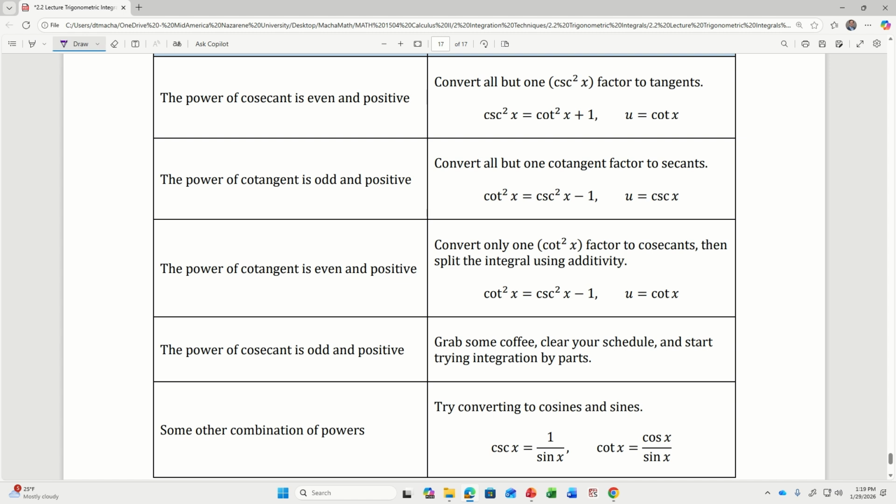Earlier we talked about what happens if the power of secant is even and positive. Now we're talking about what if the power of cosecant is even and positive. And it looks exactly the same. We just put co in front of everything. So it's not actually learning any new strategies. And like I said anyways, I don't even remember these.